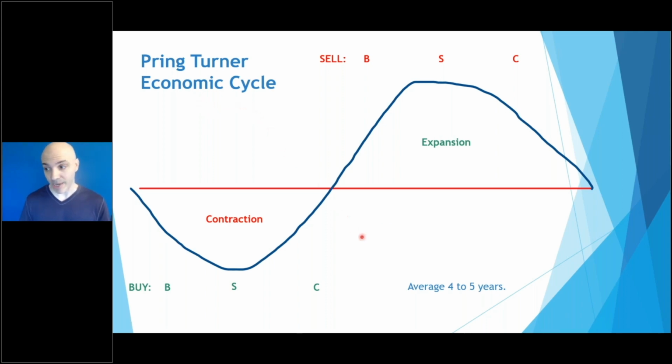It's the business cycle, and this is about a 4 to 5 year span of time. Now, this curve that you're looking at is a function of GDP, okay? And when GDP contracts or we have a recession, you're going to see money flow a certain way. The money is represented by bonds, stocks, and commodities, things like gold, silver, stuff like that. It's in this order: bonds, then stocks, then commodities.